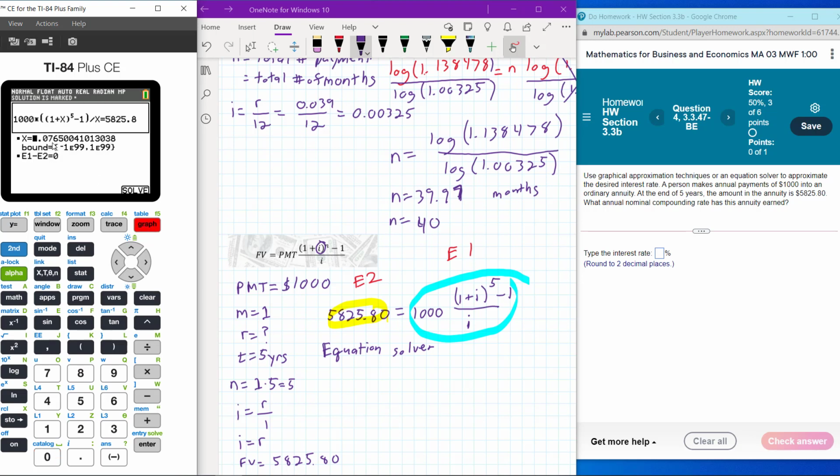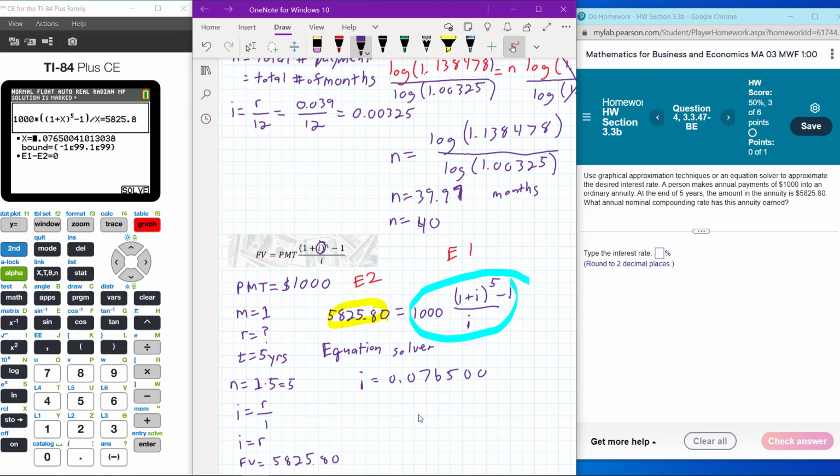And we get a value of X equal to 0.0765. Well, that basically tells us that X, or I, remember we used X for I in this, is going to be equal to 0.0765. We only need to go to 2 decimal places.